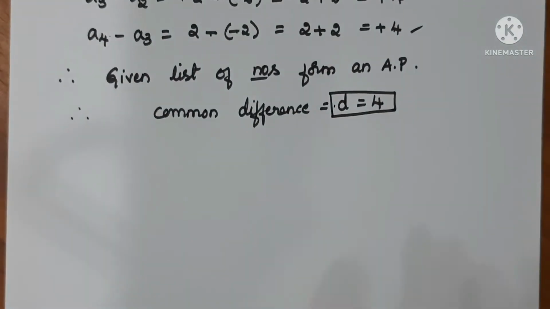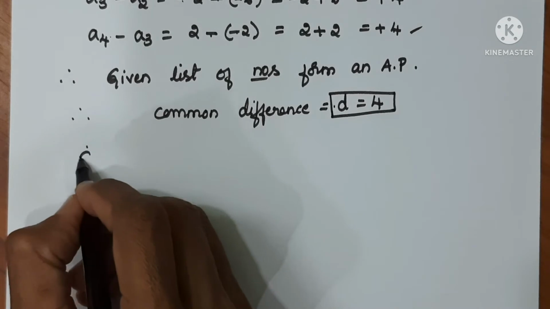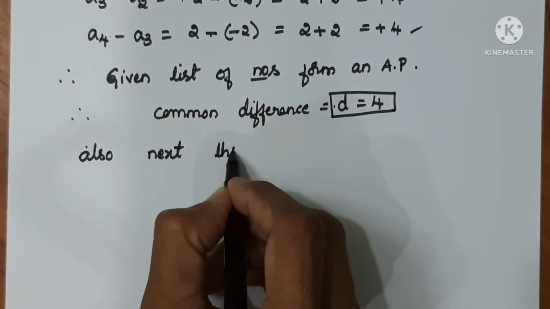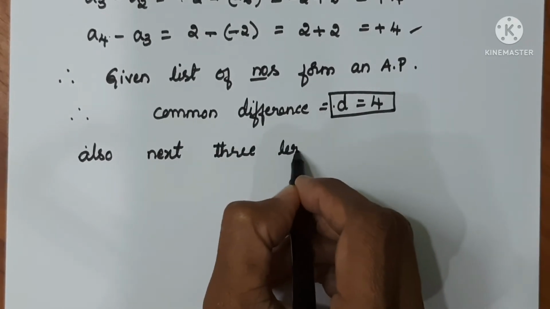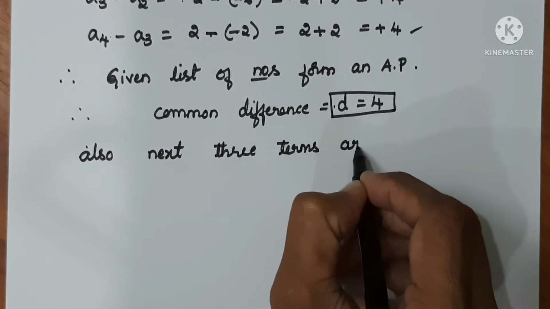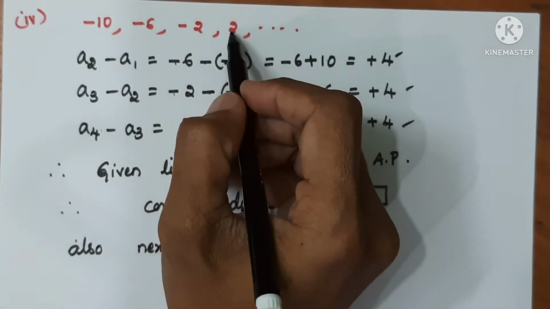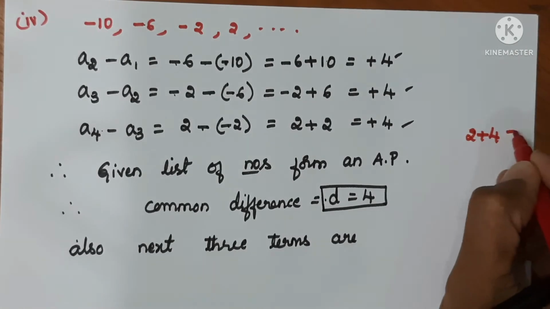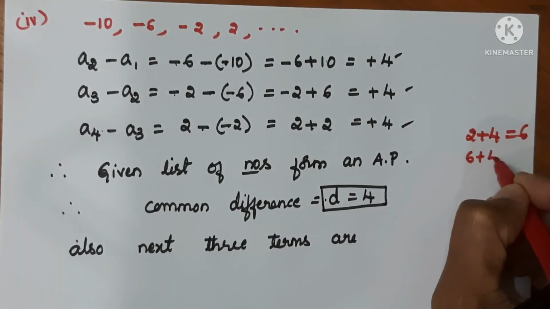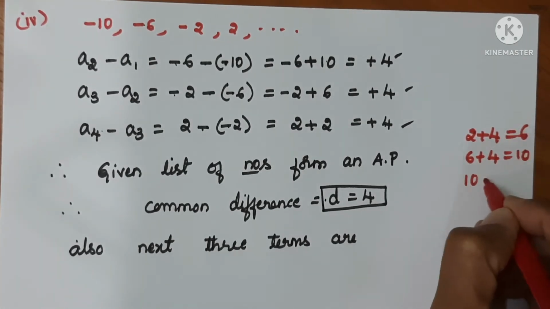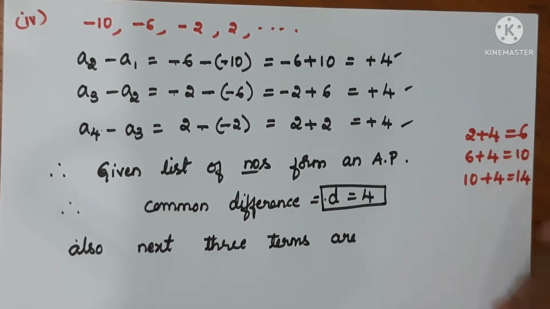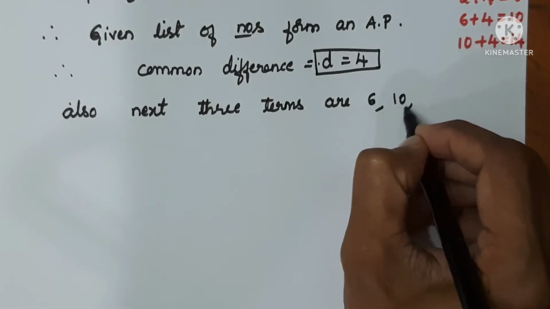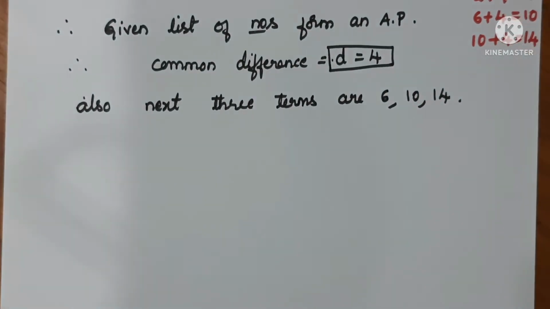And also the next 3 terms. The fourth term is 2. By adding 2 plus 4 we get 6. 6 plus 4 is 10. 10 plus 4 is 14. So the next 3 terms are 6, 10, 14. Like this you can write the next 3 terms.